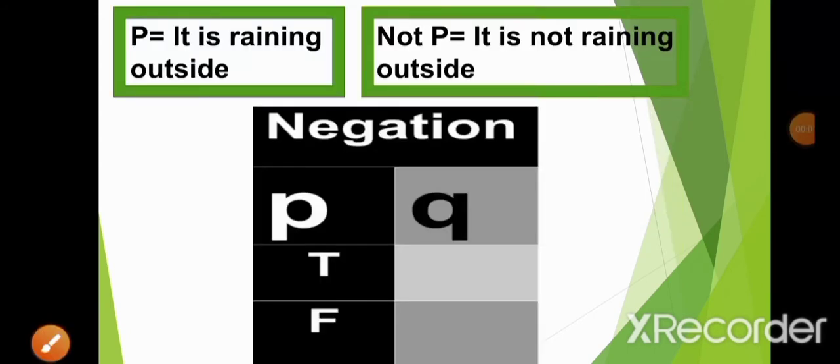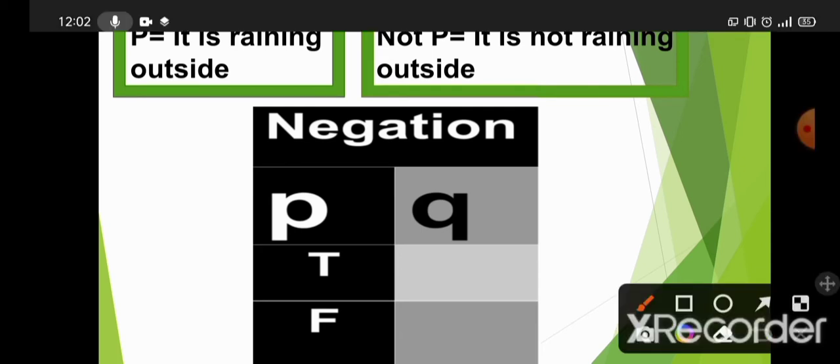Let's take the statement, it is raining outside. This statement, which we can represent with variable P, is either true or false. So P is equal to it is raining outside.